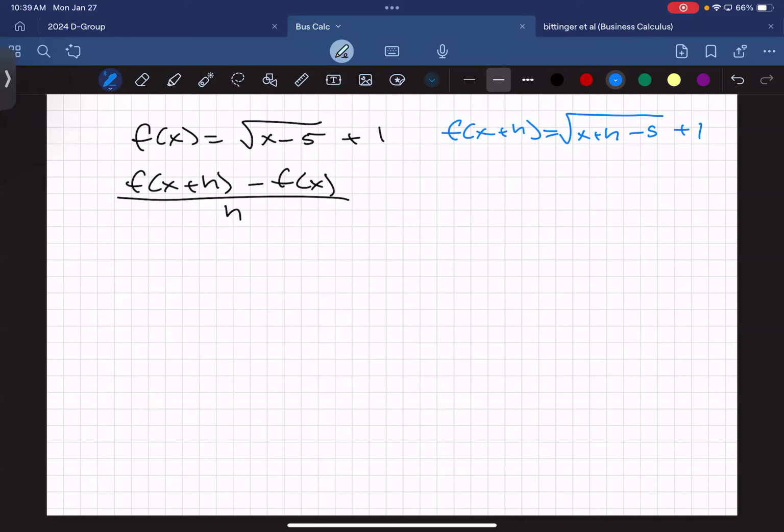Okay. Now, when we get to the difference quotient, though, make sure you're careful to see I had that plus 1 on the outside.